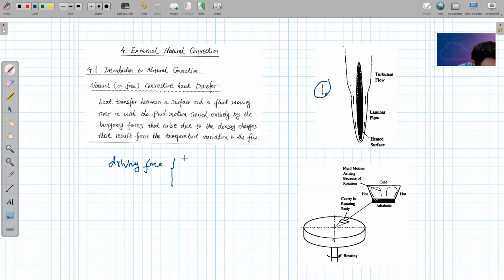In this case, the driving force is gravity. This gravitation, the gravity force, is the driving force that causes the fluid to move, and that's why we call it natural, because this gravity naturally exists. It's so hard to write.